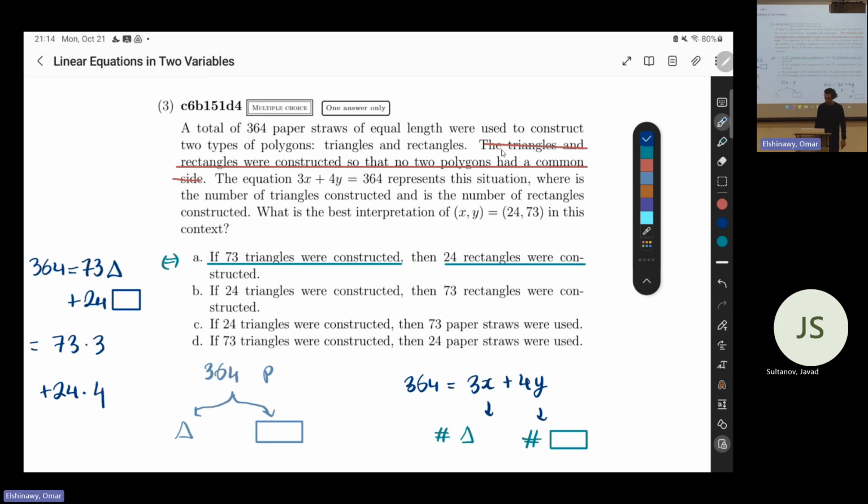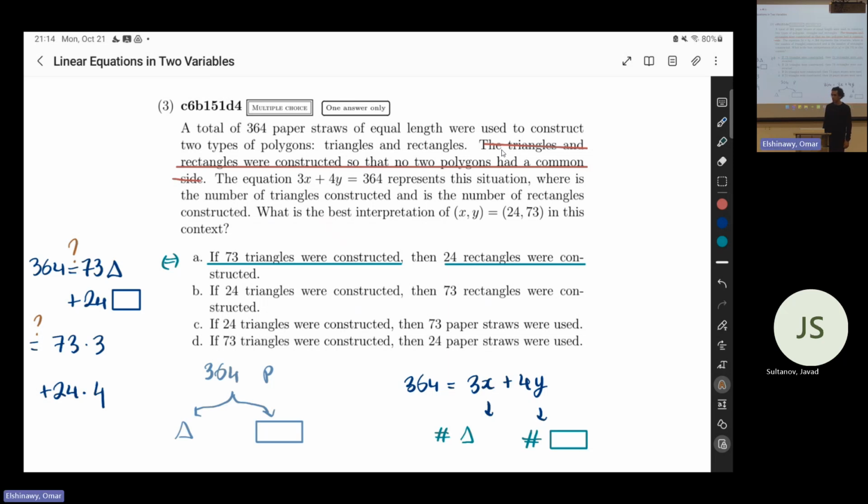Does this number give us 364? 24 times 4 is 96, and 73 times 3 is 219.